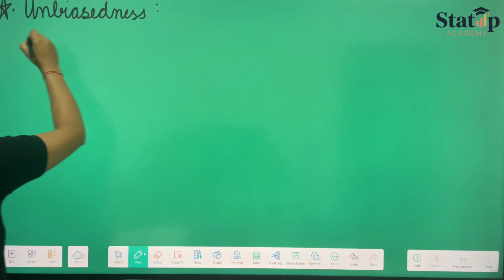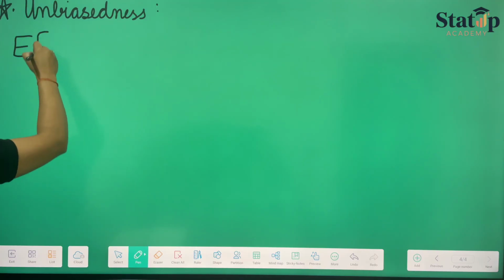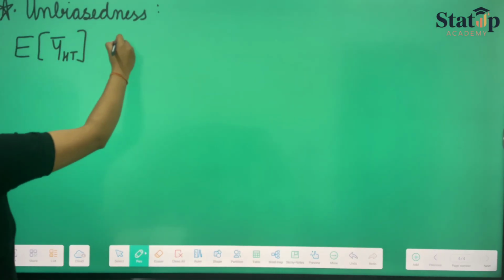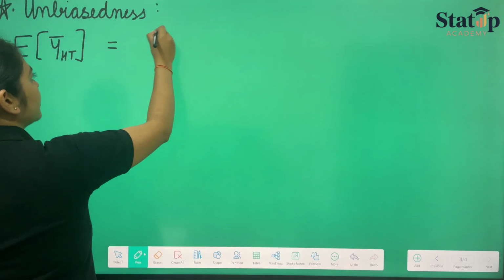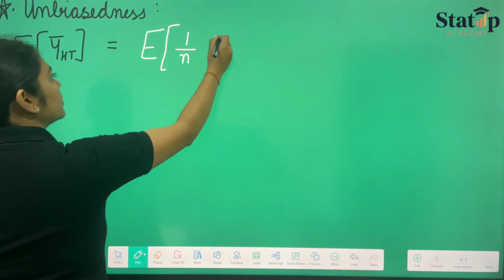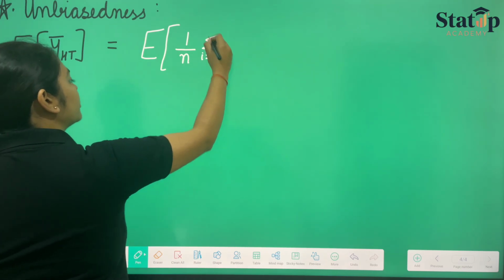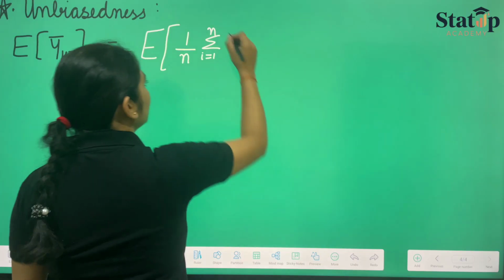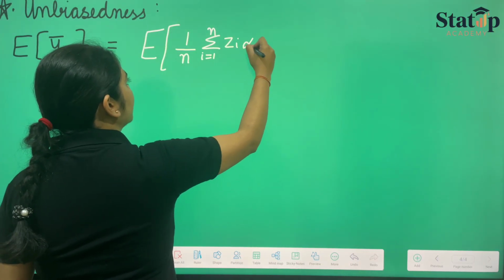For unbiasedness, we will take the expectation of y bar ht. We know that y bar ht is nothing but 1 upon n summation i goes from 1 to n zi alpha i.